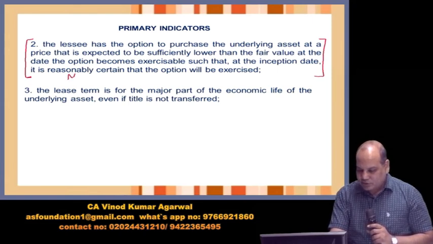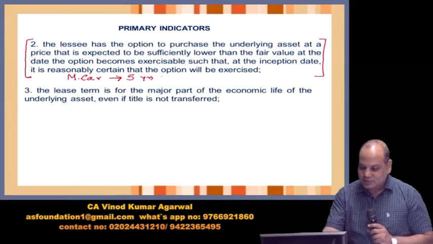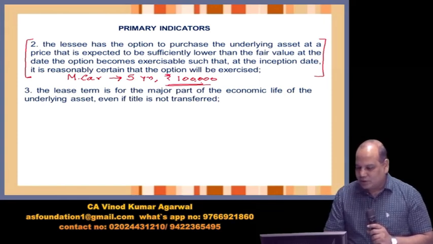A Mercedes car is given on lease for 5 years, and an option is given to the lessee that he can purchase it after 5 years for a sum of rupees 1 lakh. Check whether the option is certain to be exercised.